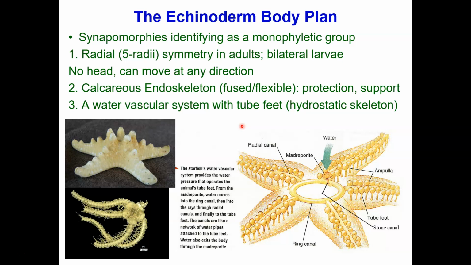The water vascular system that I just explained takes over some of the functions performed by the circulatory system and respiratory system. That's why you don't see the development of these parts. And likewise, the nervous system and the sensory system are poorly developed in the echinoderms. Alrighty, let's continue on.